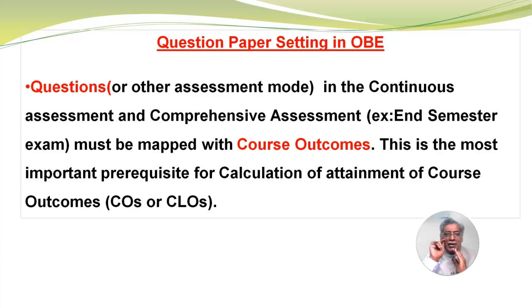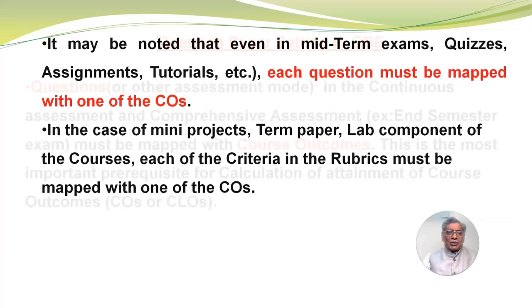Questions or other assessment modes in the continuous assessment and comprehensive assessment, like the end semester exam, must be mapped with the course outcomes. This is the most important prerequisite for calculation of attainment of course outcomes, COs or CLOs.